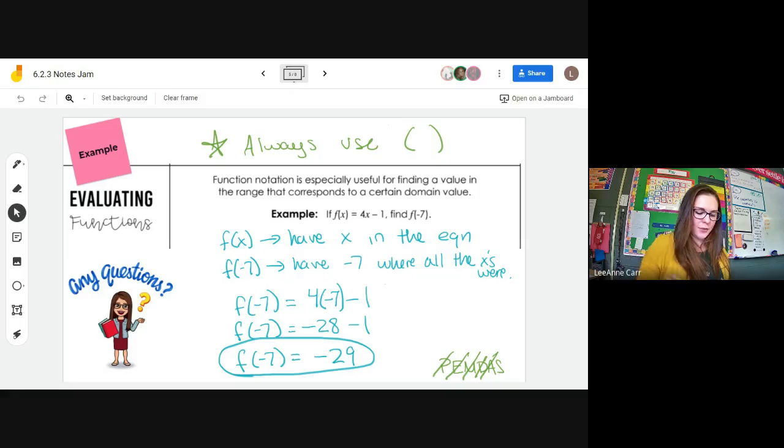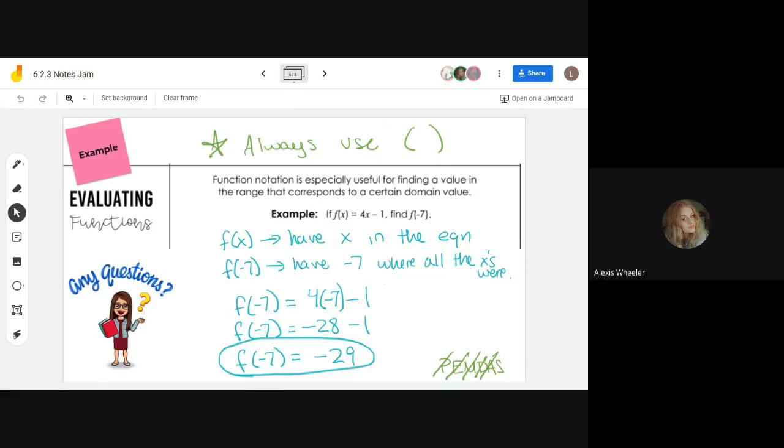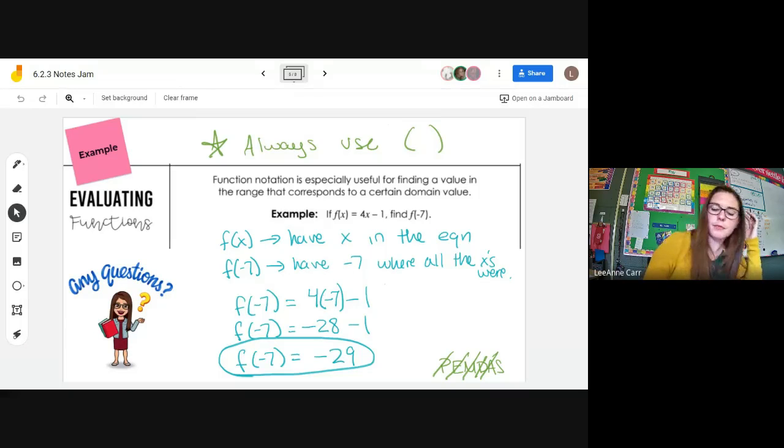If you're a person that hates showing work, I need to see this step where I saw you plug in the value for x, and then I need to have your final answer written like this. Of course, I would love to see those steps in between, because that's going to help you simplify a little bit more. But I really need to know that you understand that we're just substituting in negative 7 for x, and that you know how to write your answer the proper way. Does that help, Lexi? Yeah, thank you.